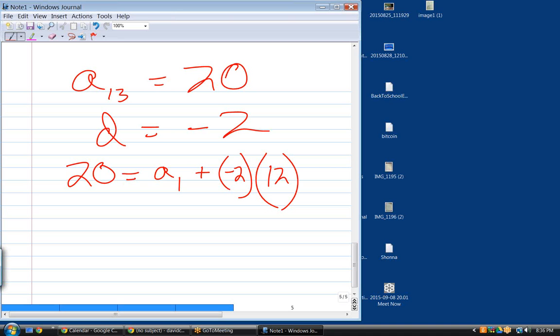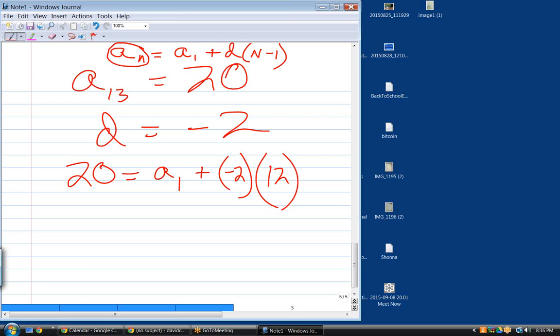I want to go through how I make the equation. Okay, so 20. Start with the general. Always start with the general. a sub n equals a sub 1 plus d times n minus 1. Okay, and they've given us a sub 13. They told us that that's 20, so I'm going to replace that with 20.